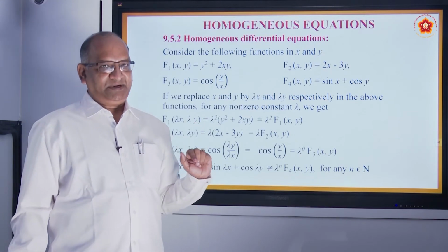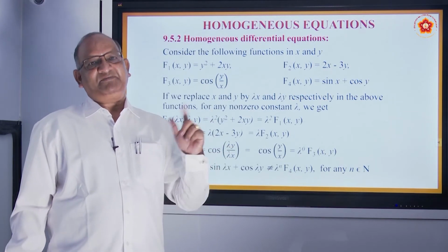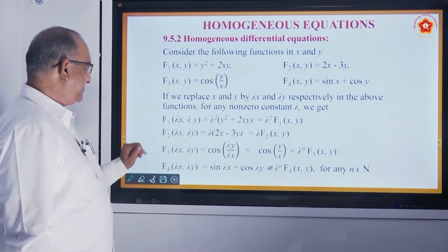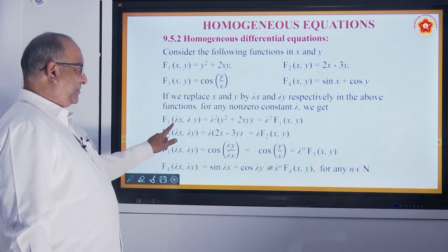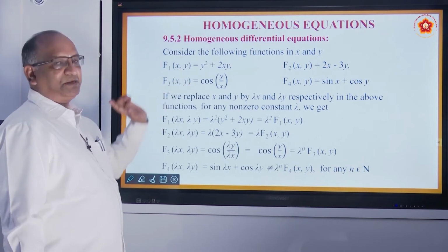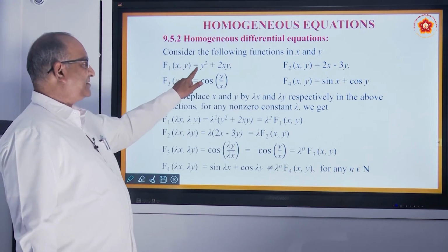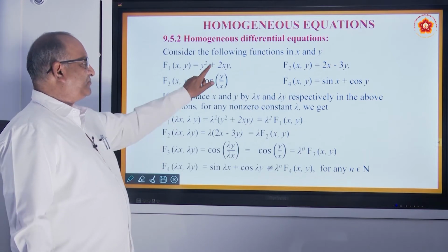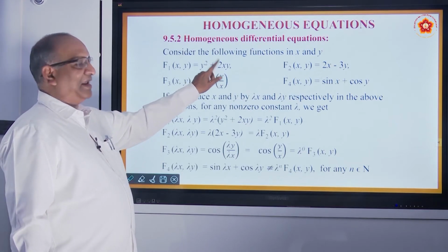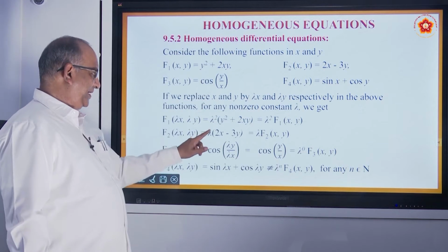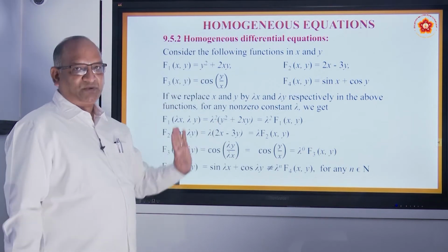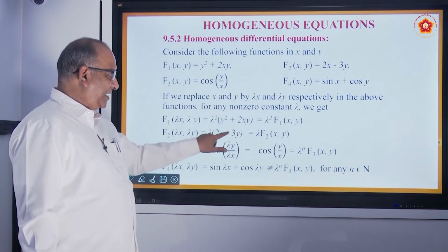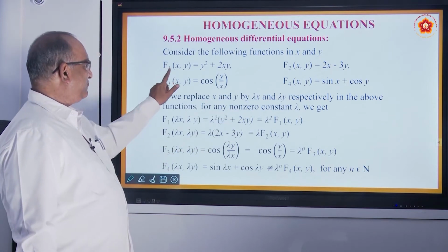Here, if you substitute, it becomes lambda squared y squared, and this becomes 2 into lambda x lambda y. There also you can take lambda squared common, and you get y squared plus 2xy. And what is this y squared plus 2xy? It is nothing but f1(x,y).